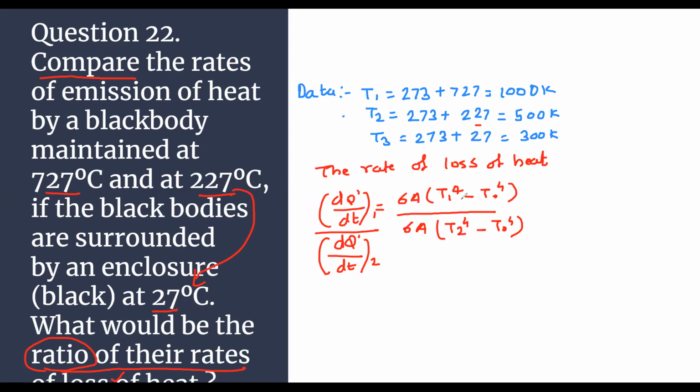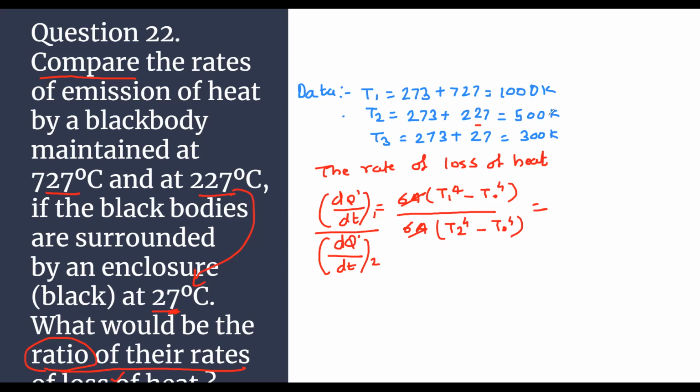So sigma A times T1 raised to 4 minus T0 raised to 4, and for T2 temperature, how much loss happens with respect to the enclosure temperature: T2 raised to 4 minus T0 raised to 4. Then this sigma A will get cancelled out. So let's put in values.